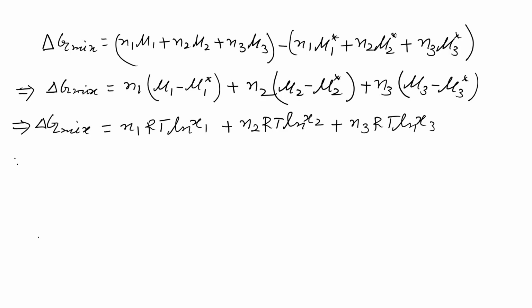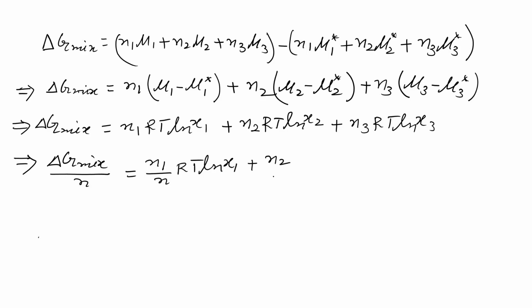So we write: delta G mixing divided by N is equal to N1 by N RT ln x1 plus N2 by N RT ln x2 plus N3 by N RT ln x3.